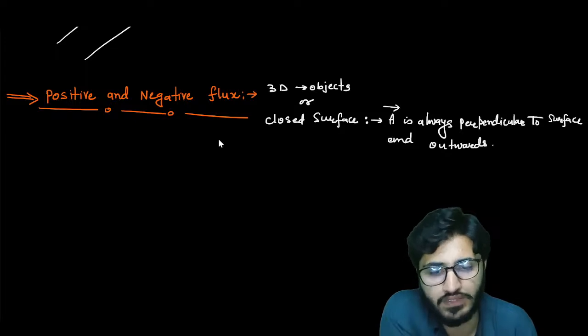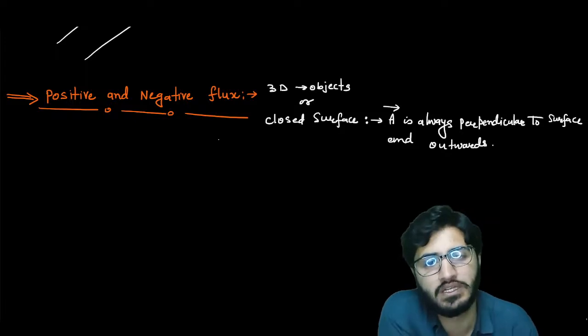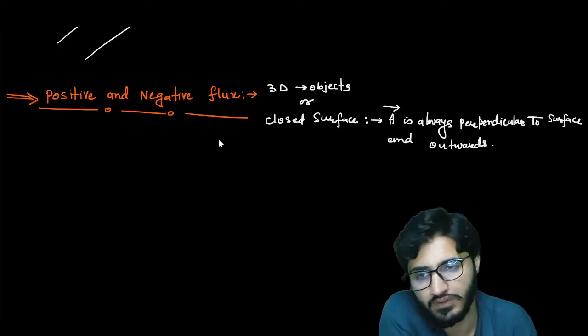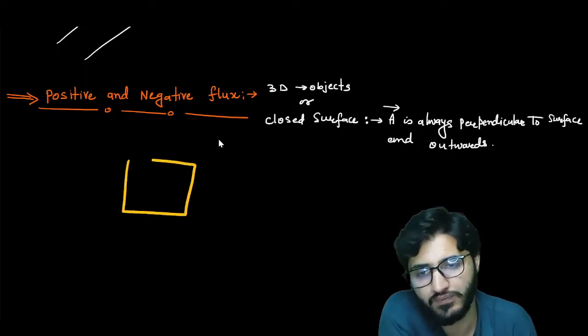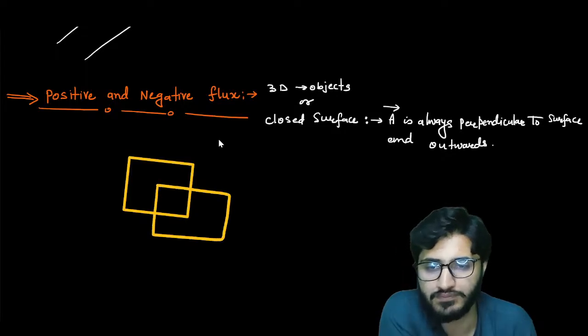Sir, what is the meaning of outwards? Let us take a simple example. Look, if we have a 3D object like this, this is my cube.